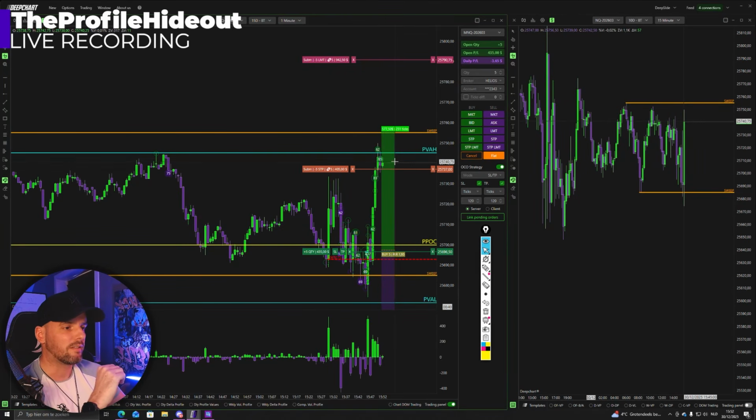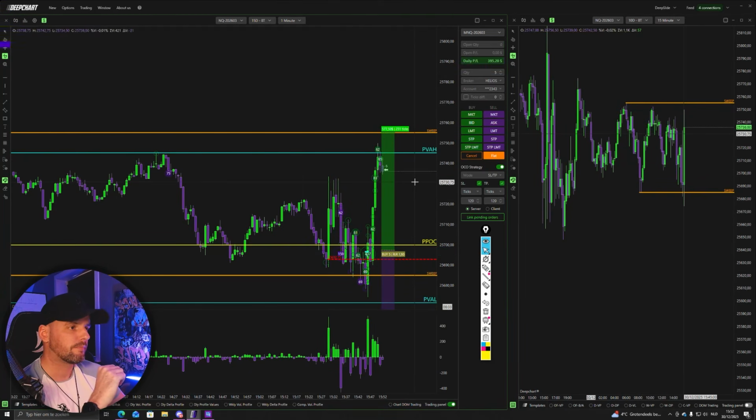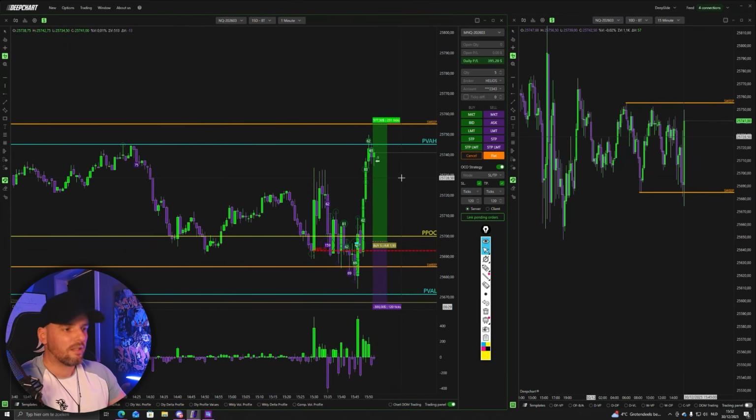Don't want to see it use this as resistance here. Boom. And then probably goes up straight to the target. That's how it usually goes.